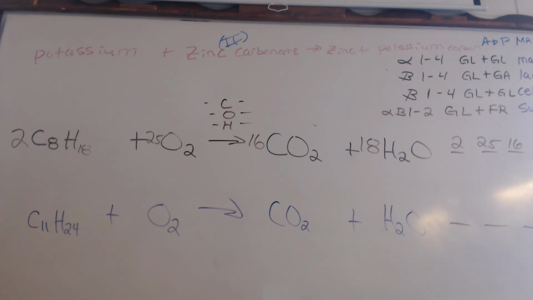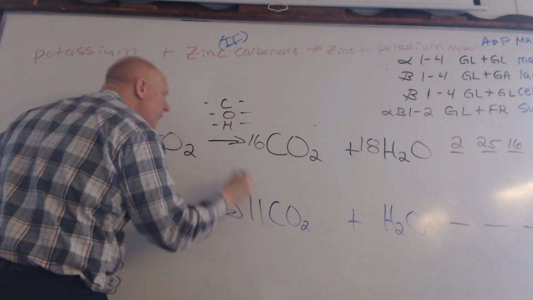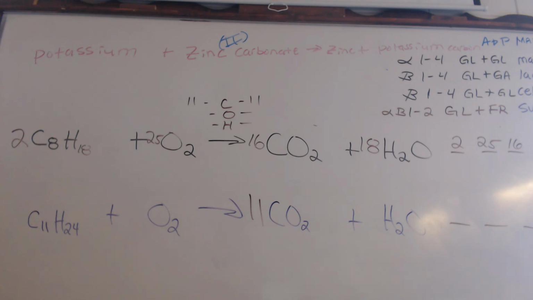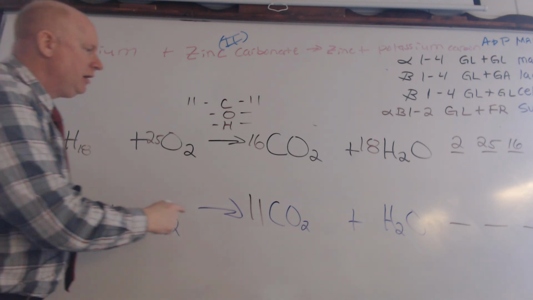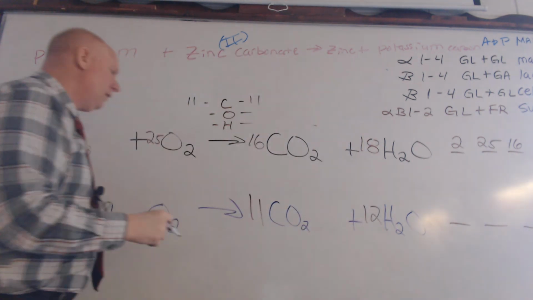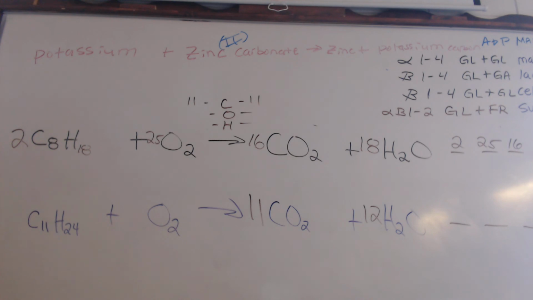Divide by 11? Or do you double it? Wow. Carbons are now balanced. You've got 24 hydrogens. Times it by 12. Wow. Hydrogens are balanced, carbons are balanced.